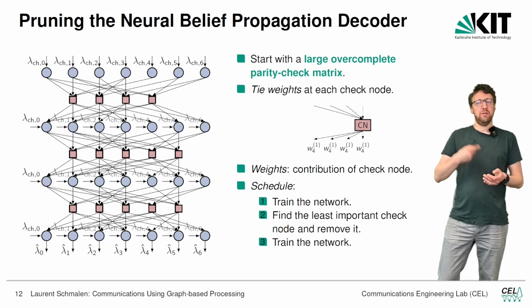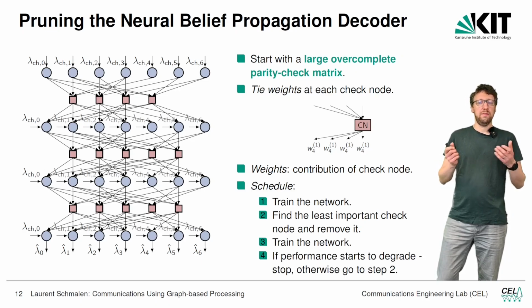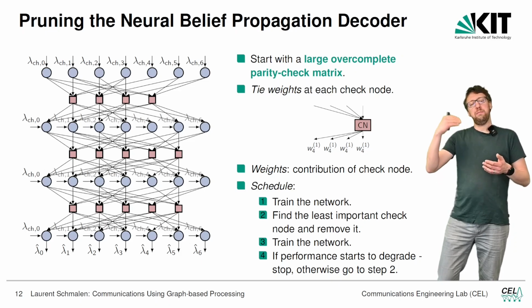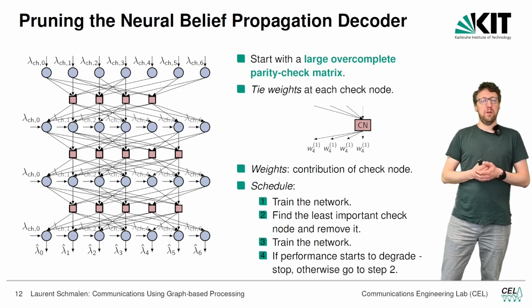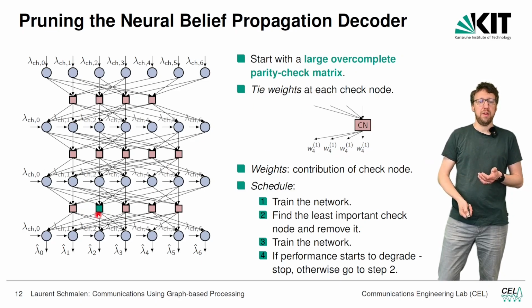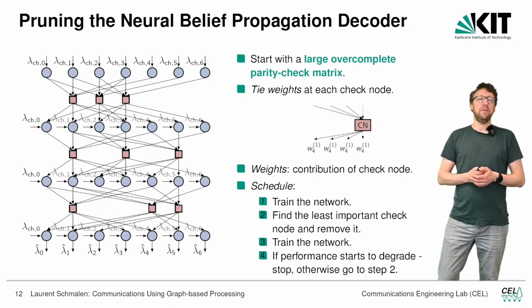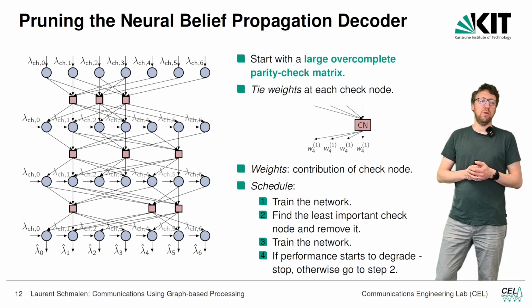We repeat this again. We train the network, we find the least important check node, and we remove it. And then we repeat this until the performance starts to degrade. So now, for instance, in the next step, this node has the least weight, and we remove it, and like this. And afterwards we end up with a graph that may look like this.